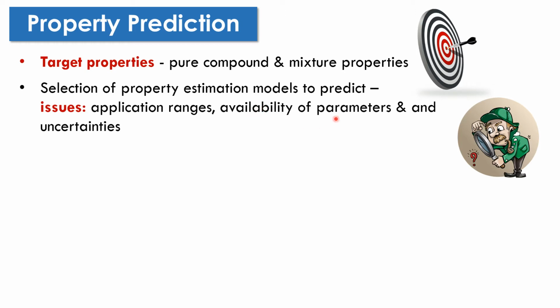A property model normally has a certain list of building blocks, and for certain building blocks or combinations of building blocks, some parameters might not be available due to the lack of experimental data needed to regress the parameters.